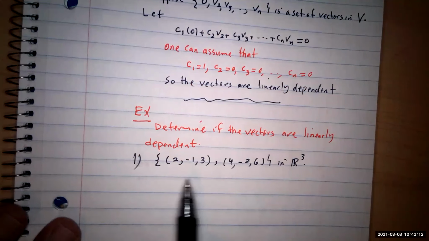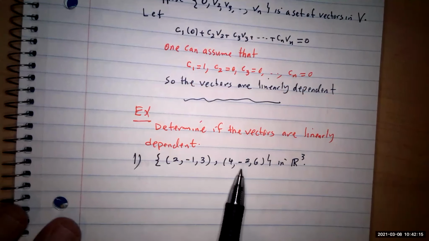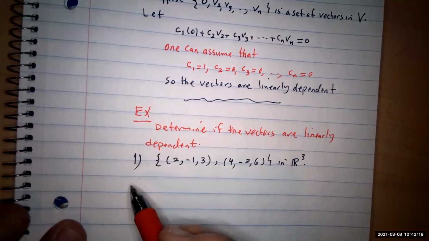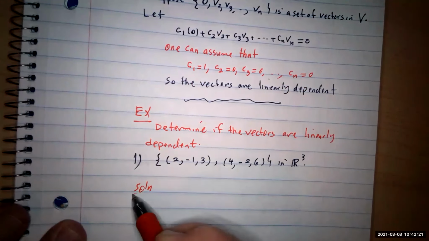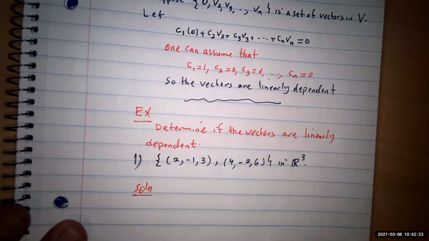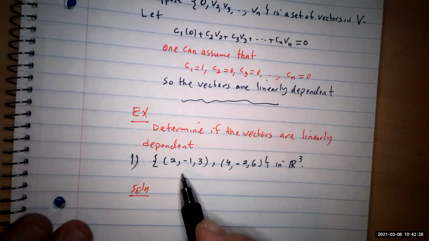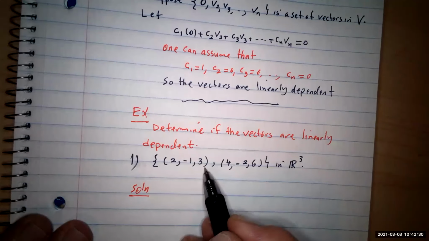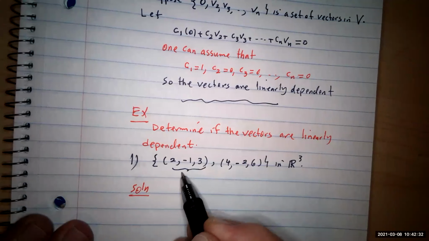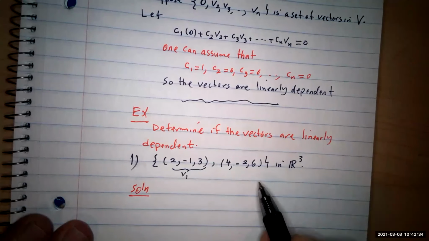Okay, look at this one. If you multiply this one by 2, you get the other one. So this is how we're going to answer the question. You can call this one V1 and this one V2, or just leave them as is. It doesn't matter.